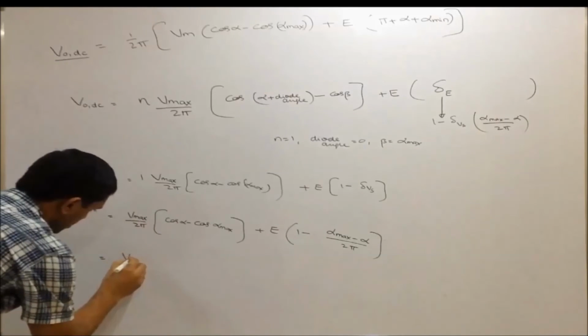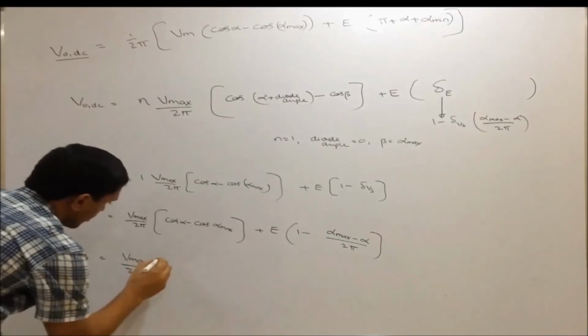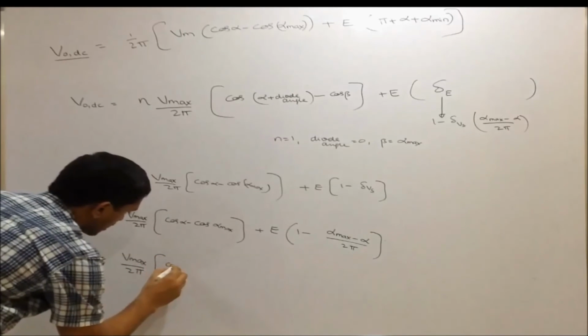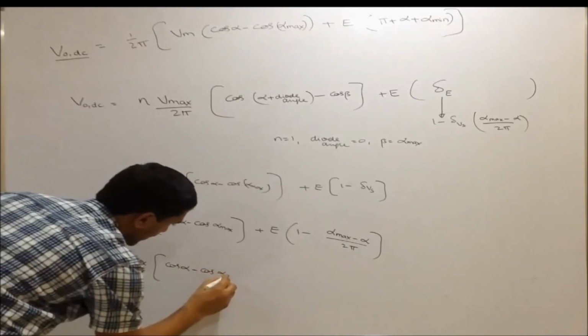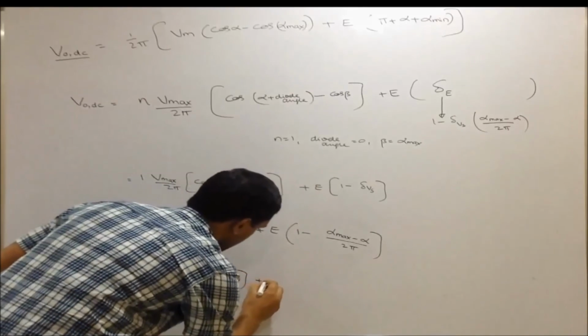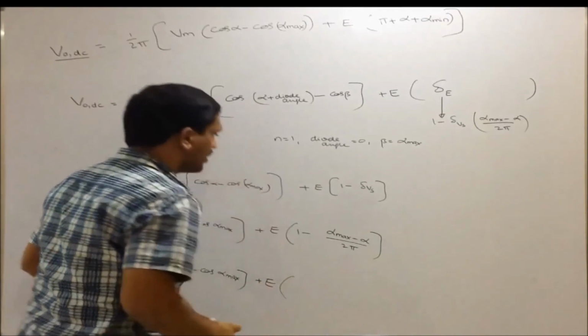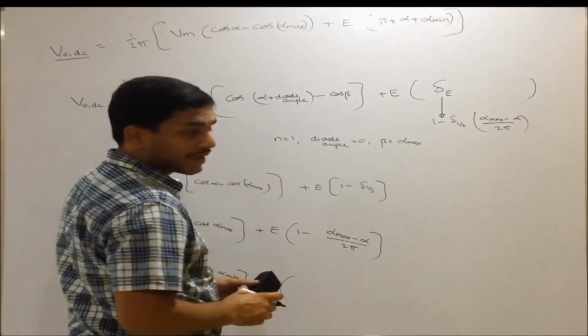V max divided by 2 pi into cos alpha minus cos alpha max plus E into these terms we will substitute now. What is alpha max?